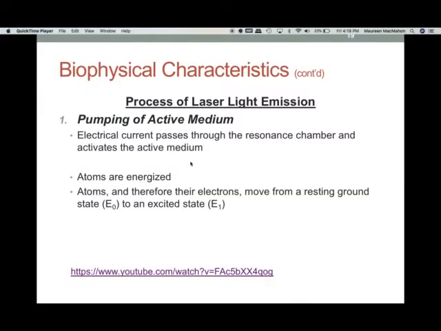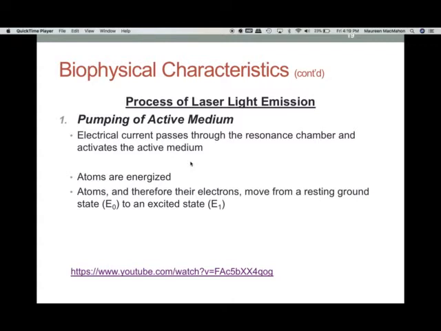Now we'll just summarize a little bit the fundamental properties of light. We've gone over that laser light is monochromatic, so all the photons are traveling at the same wavelength. That it's collimated, so it's a very narrow beam and there's very little spread or divergence. And also that laser light is coherent, in that all the photons are traveling in the same direction at the same time.